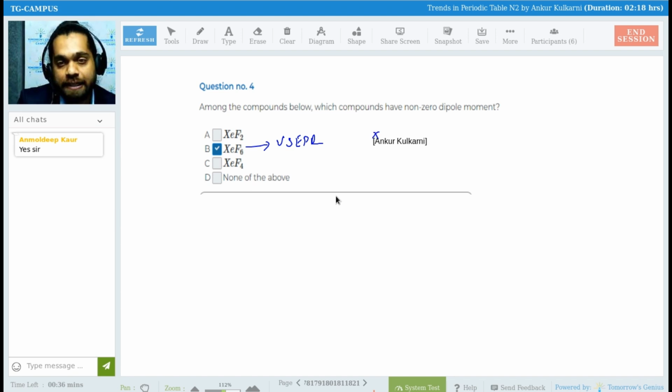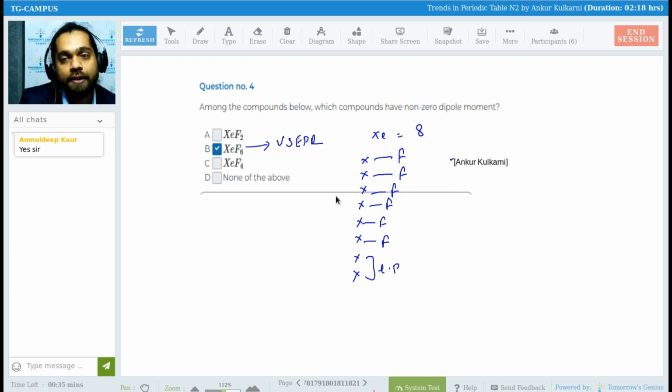See, look over here. Xe. How many valence electrons do we have? Anmoldeep, Sajna, in this we have 8 valence electrons. Correct? It is the noble gas. So I have drawn the 8 electrons: 3, 4, 5, 6, 7, 8. I have 6 fluorines, and you have a lone pair.